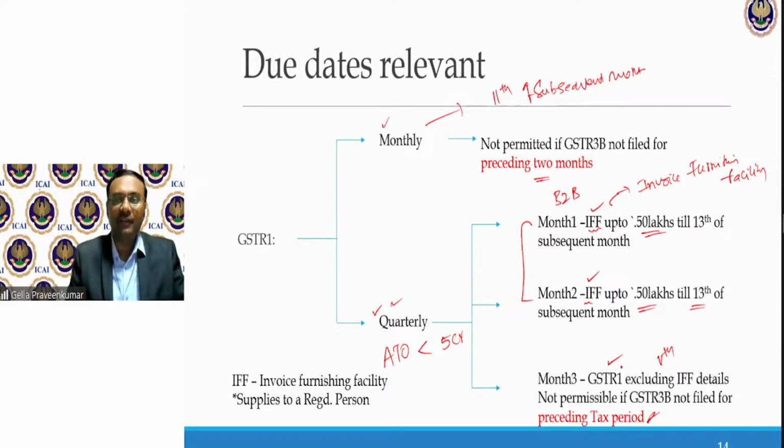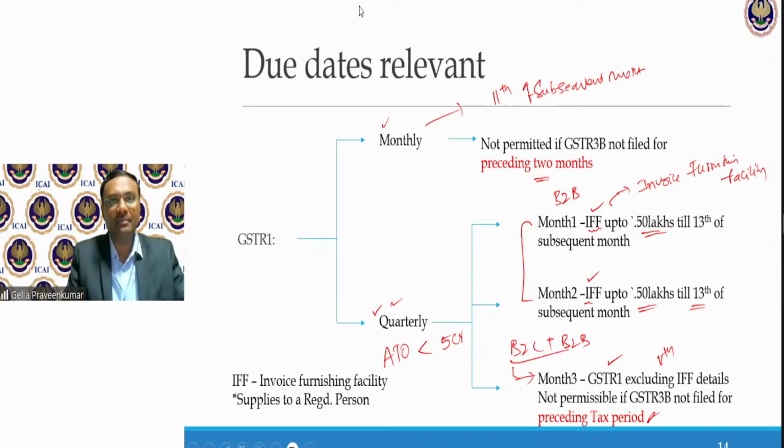Month 3, file GSTR-1 including details not permissible in IFF in month 1, month 2. That means to say B2C supplies plus B2B other than 50 lakh, everything I can report in month number 3. This is the purpose of my quarterly GSTR-1 being filed.